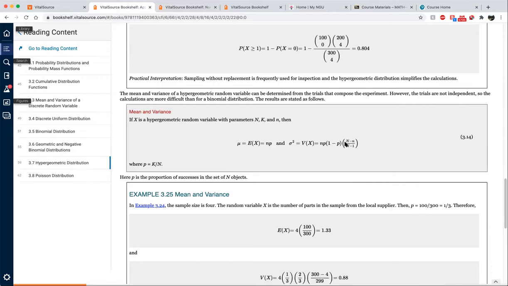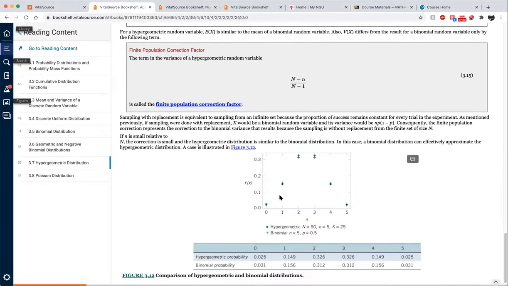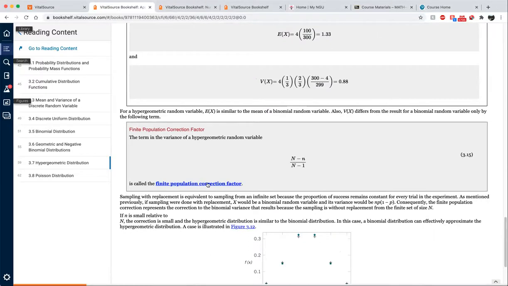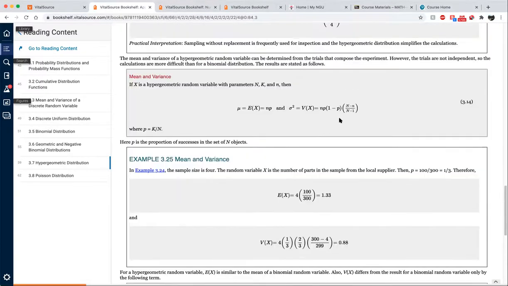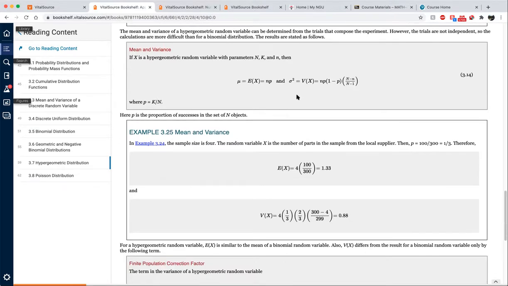That fraction is called the finite population correction factor, because in a binomial distribution, replacement is allowed. This fraction corrects the variance of the binomial distribution to fit the variance of the hypergeometric distribution. I'm not going to explain in detail, that's beyond the scope of this subject. You just apply this formula.